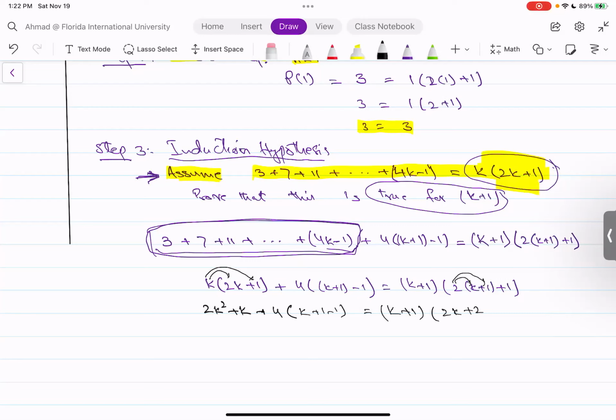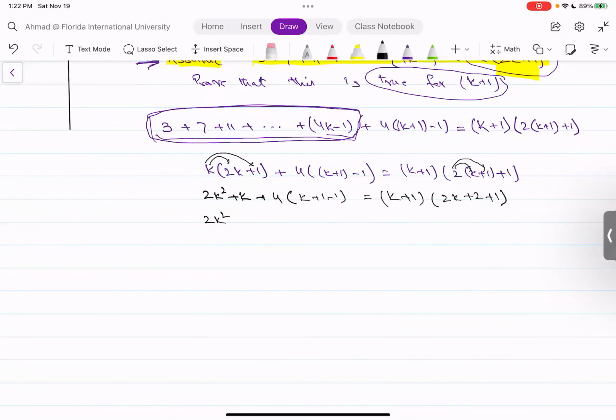So this is going to be 2k square plus k plus 4 times k, so k plus 1 minus 1 is going to be cancelled out. So it turns out that this is only 4k now. It is equal to, on the right hand side, k plus 1 times 2k plus 3. So that's what we have got.